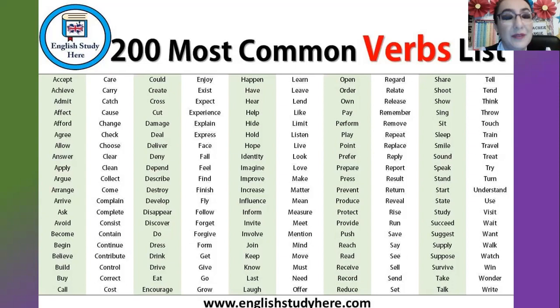But we can start with this little by little. Remember that if you have a lot of vocabulary, it is going to be easier for you to express yourself. But remember that every single day it is super important that you can be learning new vocabulary.